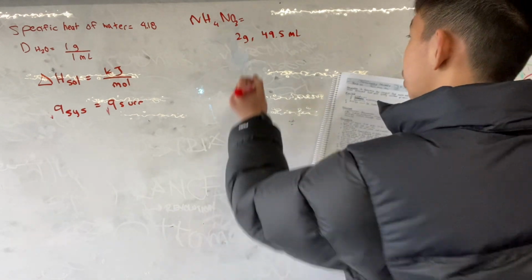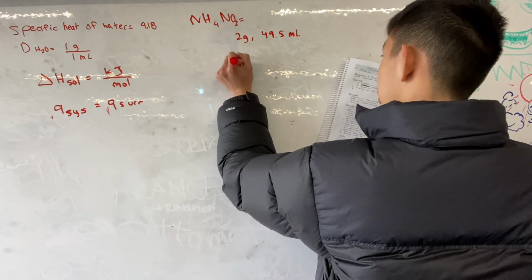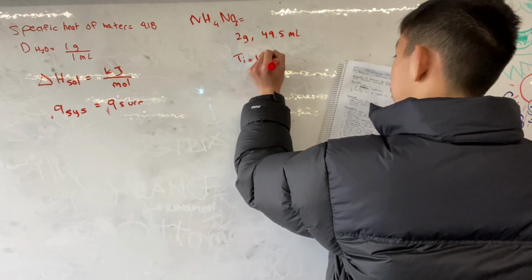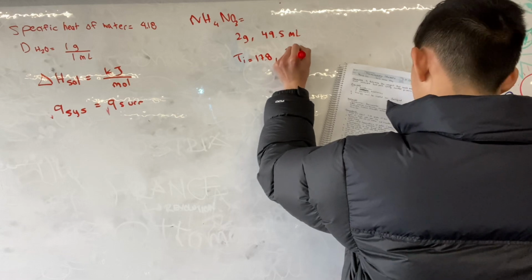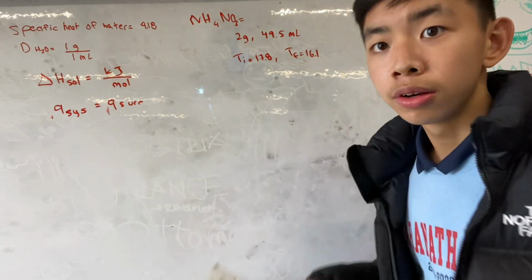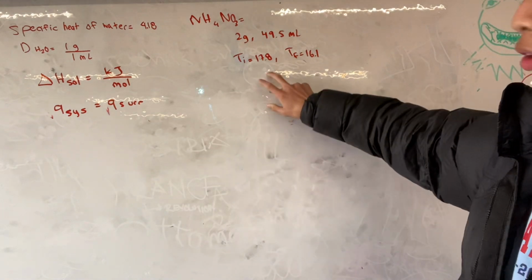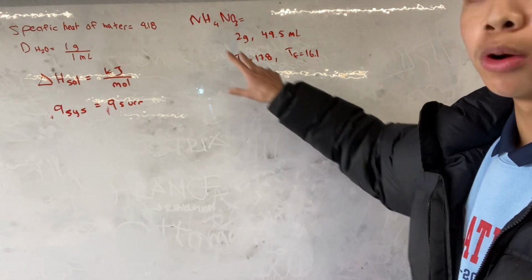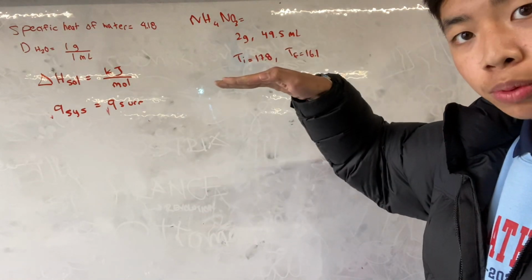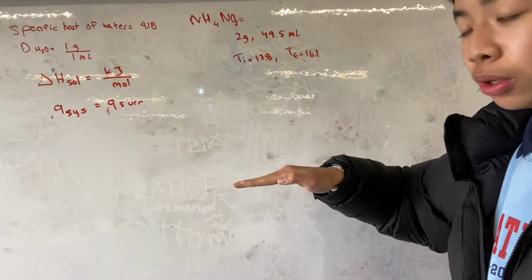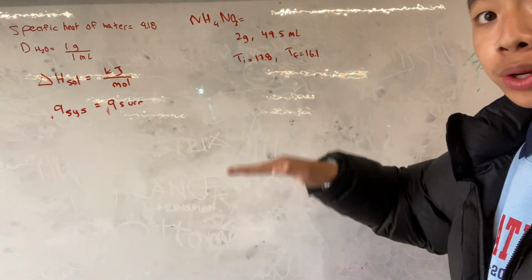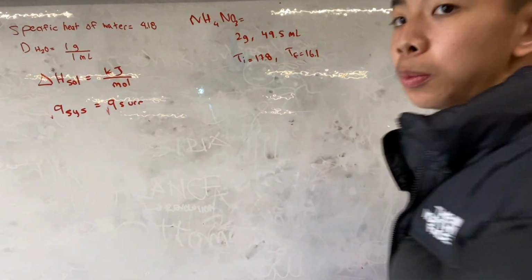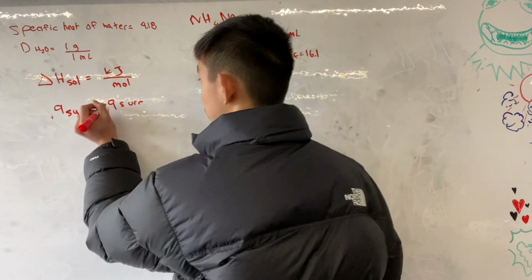My initial temp was 17.8, and my final temp TF was 16.1. Your temperatures will be different for every salt, right? In this case, my ammonium nitrate started at 17.8 and went down to 16.1. So it got colder, which means the surroundings lost heat, so it's gonna be negative.